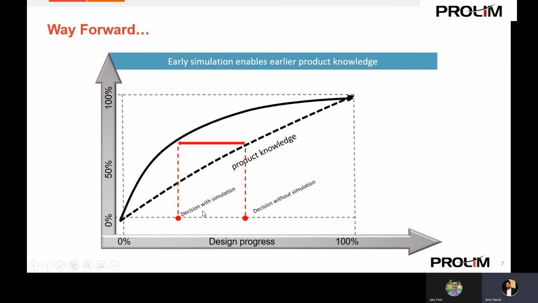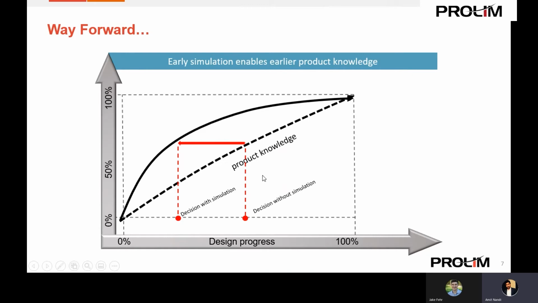So here you can see the decision with early simulation. Let's say your design engineers are doing the simulation soon after creating the first design. Then based on the experience or the outcome which they get from that particular design, they'll immediately change or modify the design and then release the final design as early as possible.